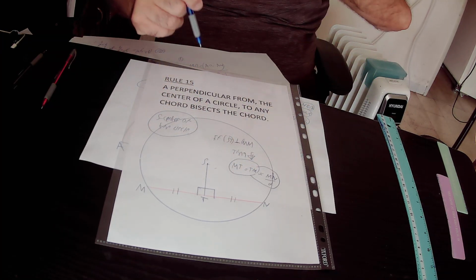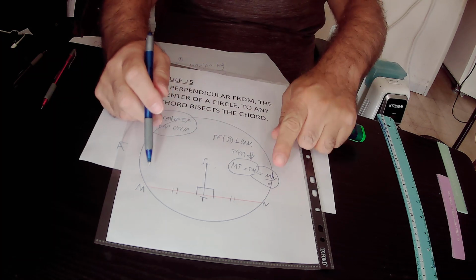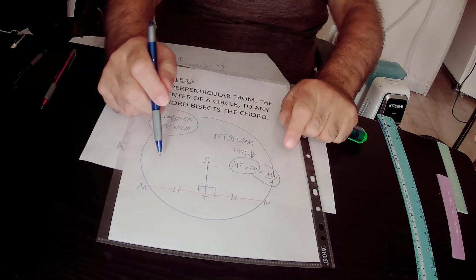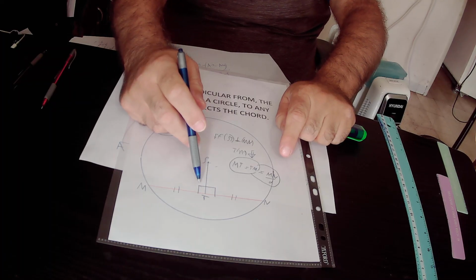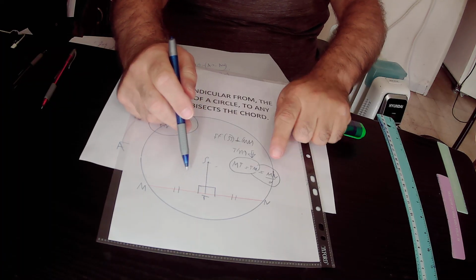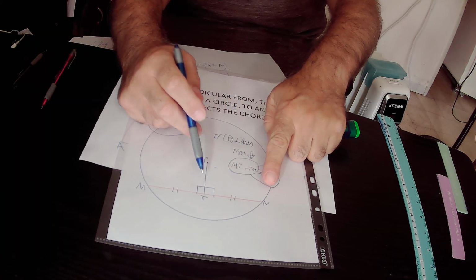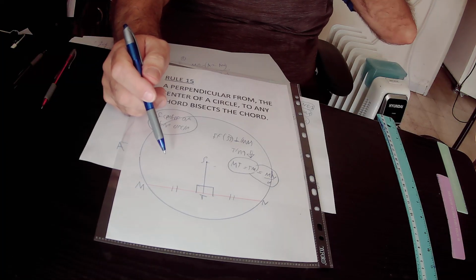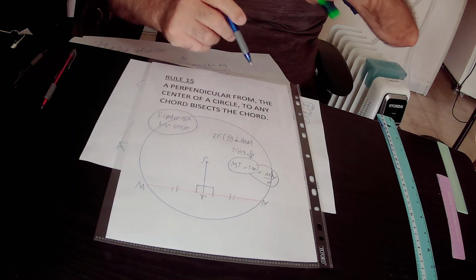According to this rule 15, the perpendicular ST bisects chord MN. The first half is MT, the second half is TN, and each half must be equal to MN over 2 because MN is being bisected. So MT equals TN equals MN over 2.